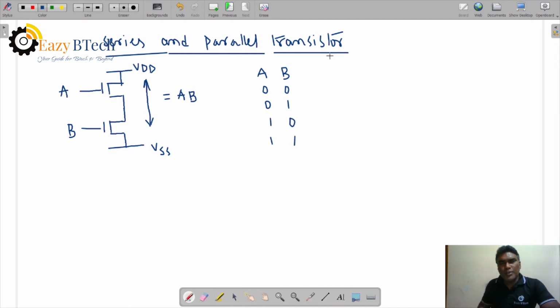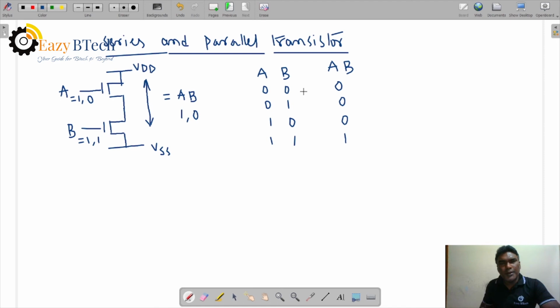So for the series connection, the logic is AND logic. 0 0 is 0, 0 1 is 0, 1 0 is 0, 1 1 is 1. Whenever both inputs are 1, then the output is 1. Otherwise it will be 0.